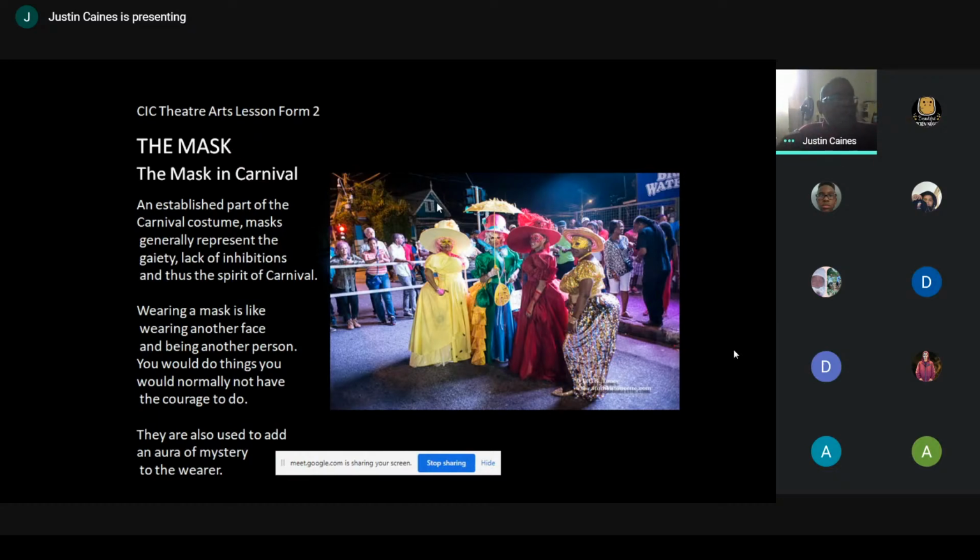But the idea is this, right? Back in the day, you could do anything you wanted to wearing a mask. A mask has a particular psychology. Nobody knows who I am. Therefore, I can do what I want. And it's that psychology that a bandit will rob a shop. You can't tell who the person is. So as a result, you become much braver wearing a mask.